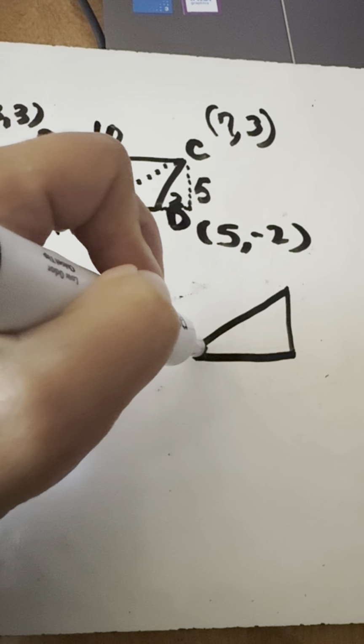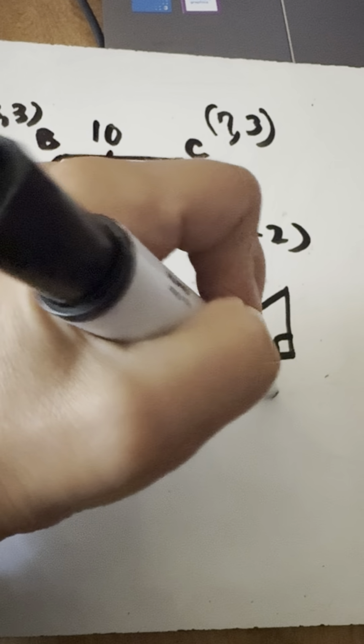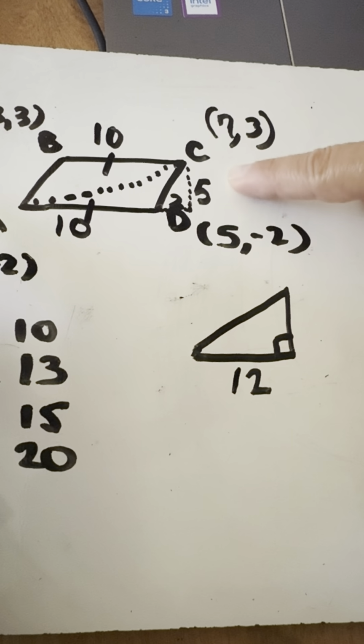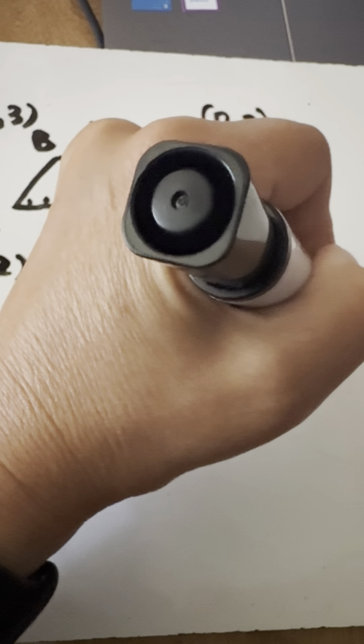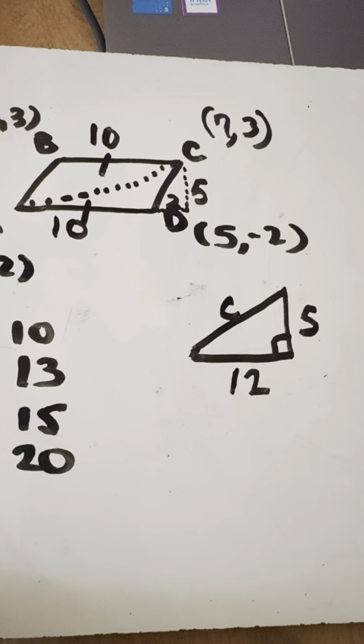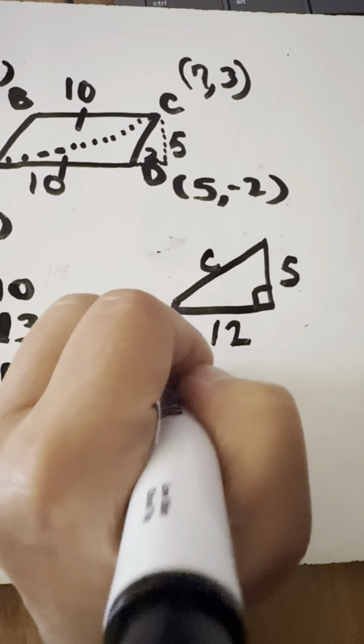Again, I know this is a right triangle now because I have a vertical height. This side is now going to be 12 because you've got these 2 pieces, the 10 and the 2. We know the vertical height is 5. We just need to figure out that AC hypotenuse, which is c. So we're going to use the Pythagorean theorem, a squared plus b squared equals c squared.